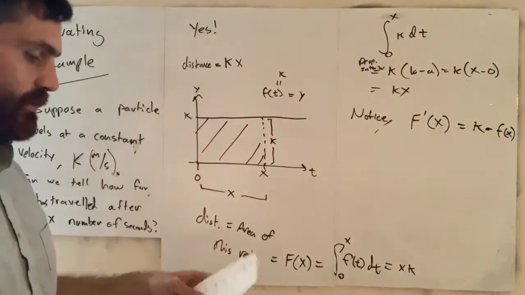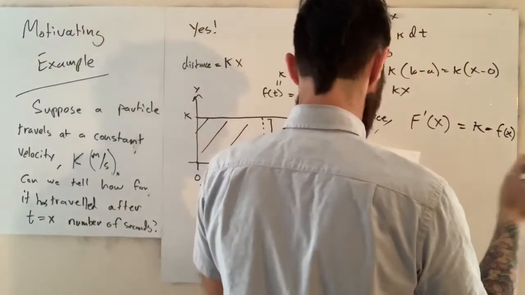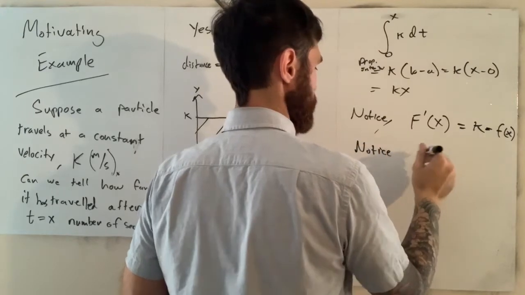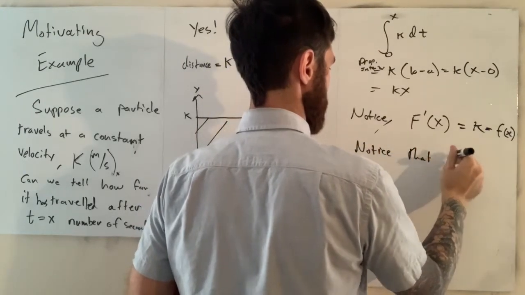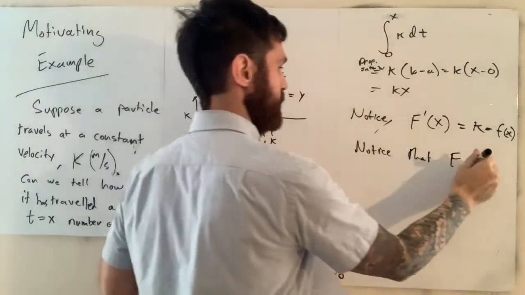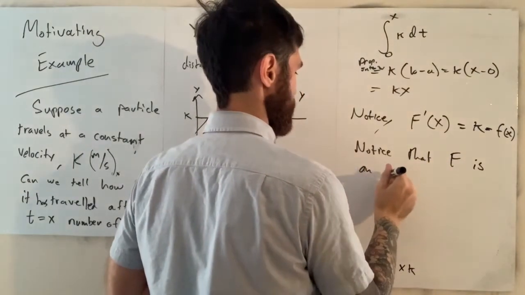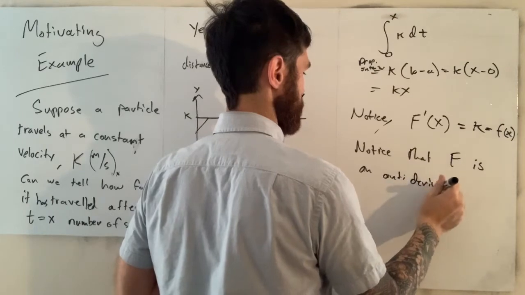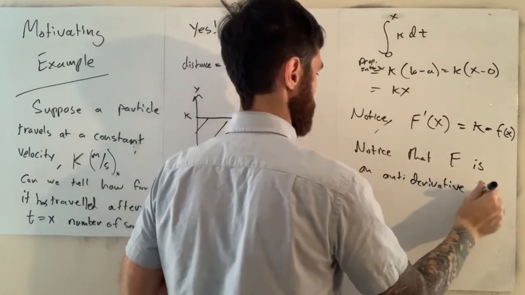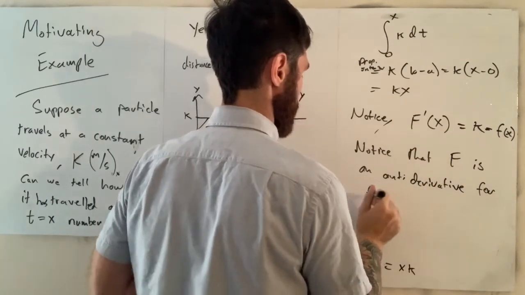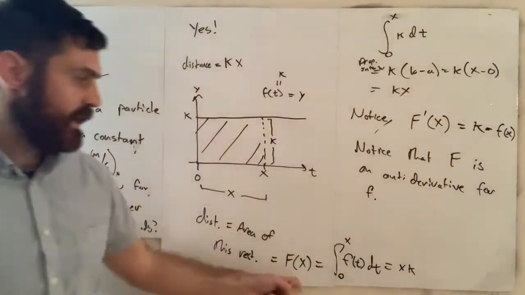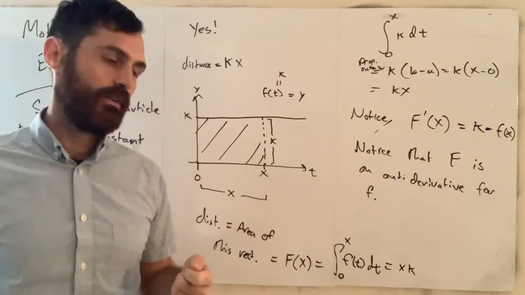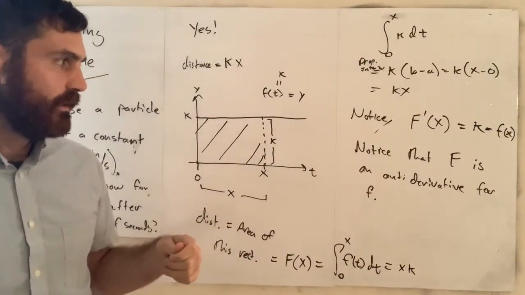It's equal to our function f. So notice that big F is an antiderivative for little f. And big F is this integral function that we just talked about in the previous section.